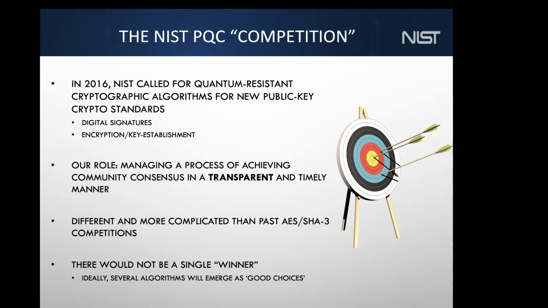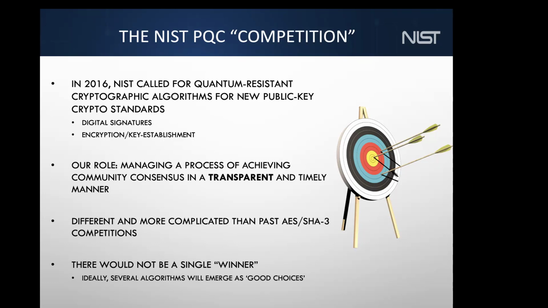The outcome that we envisioned was not a single winner, but that there would be a small number of algorithms selected for standardization. And there's a few reasons for this. First of all, we needed to have digital signatures as well as public key encryption or key establishment, so we would need different algorithms for each of those.